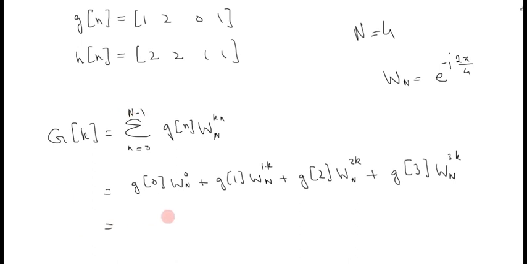So here g of 0 is 1, plus g of 1 is 2 wn raised to power k, plus g of 2 is 0, I am not writing it here, plus g of 3 is 1 into wn raised to power 3k.